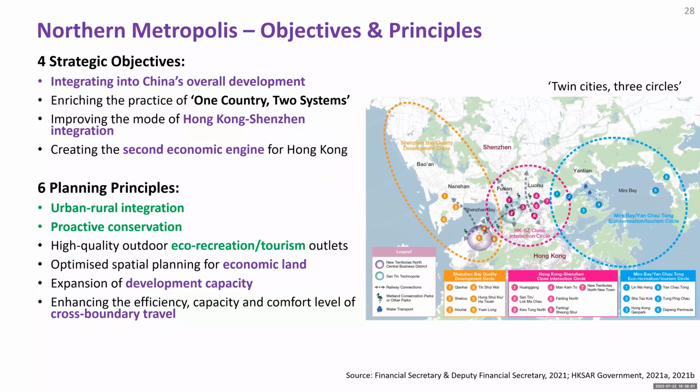Now, if we look into the Northern Metropolis objectives and principles, there are 4 strategic objectives and then 6 planning principles. You can see I color-coded them.